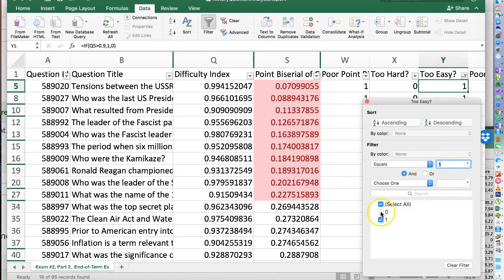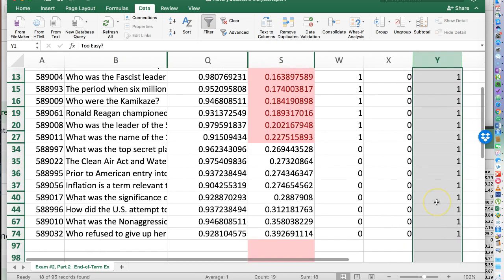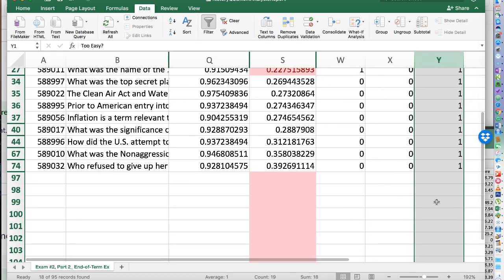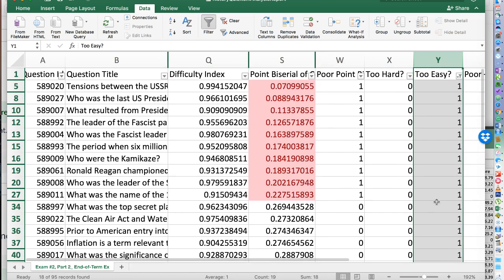Either way, you also want to count up the total number of these. 18 out of 95, was it? You may want to establish a certain percentage of questions that have a certain type of difficulty index.